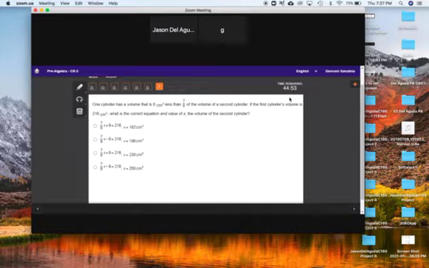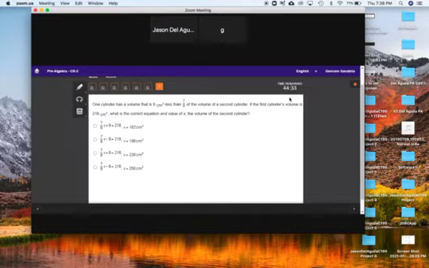So the first thing, the x is the unknown. What is the thing that it's asking for? What is the unknown that'll be represented? The volume of the second cylinder.